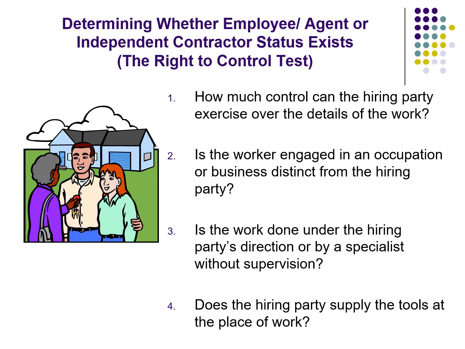My attorney example is helpful here. If I am an attorney who has been hired by a business to help them negotiate a deal with a third party, and I have my own practice, and I negotiate this deal for them, but I'm under my own supervision, this looks like I am an independent contractor for them in this example.